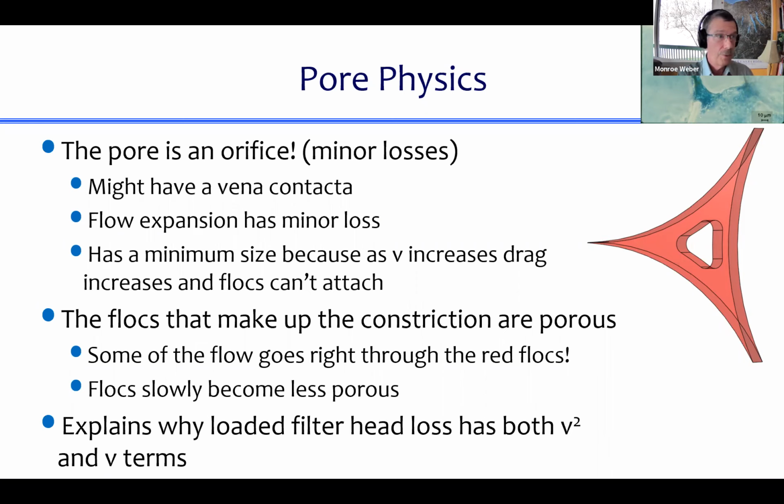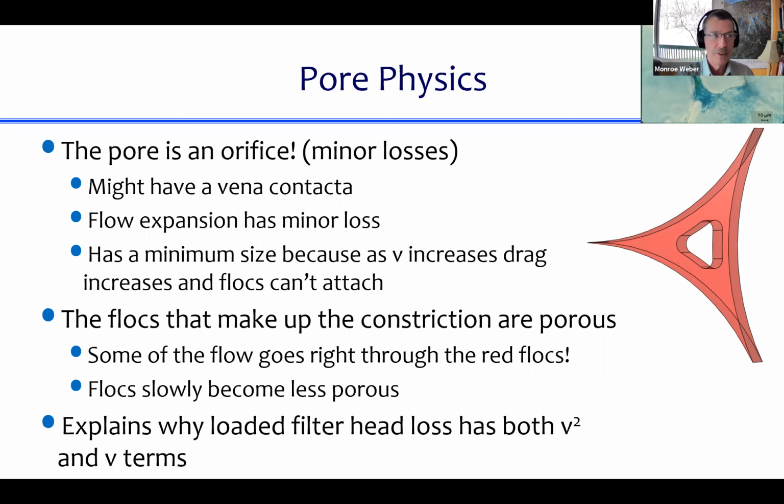And we've also taken a filter. My students have taken a filter, they've loaded it with particles, the experiments that I showed you, and then at the end, they didn't add any more particles, and they reduced the flow rate through the filter, and they continued to measure the head loss. And so they measured head loss as a function of flow rate.